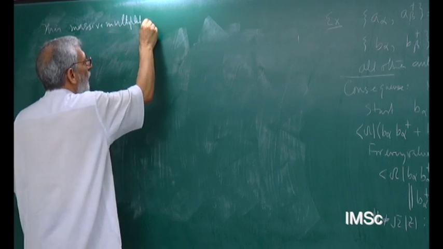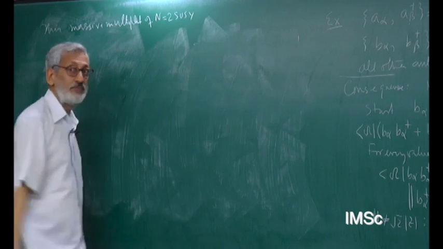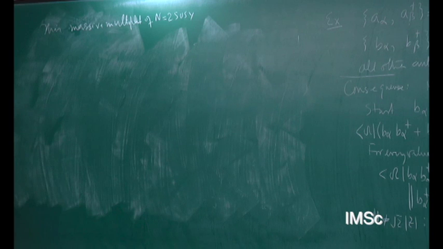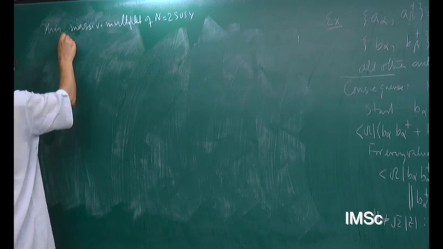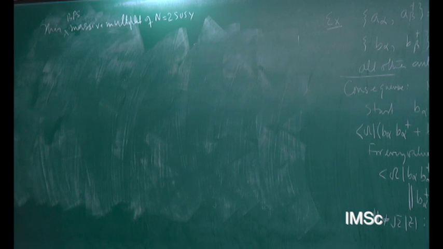Multiplet of N equal to 2 SUSY. But this is a BPS massive multiplet because it saturates the BPS state.